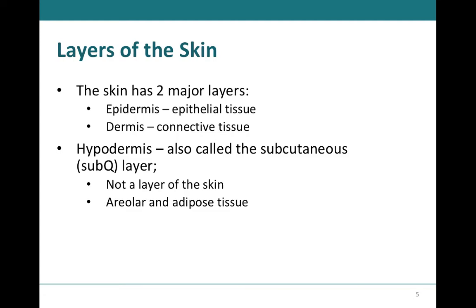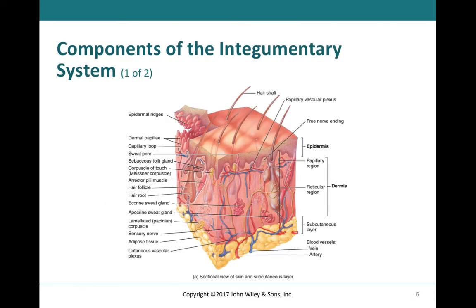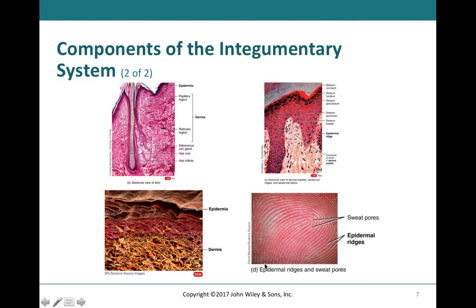This is going to serve as the fat storage, an area for your blood vessels to course through, and an area of pressure nerve endings. So here you'll just see that breakdown of the epidermis and the dermis, and then of course the subcutaneous layer. Same thing, you just have a microscopic view.